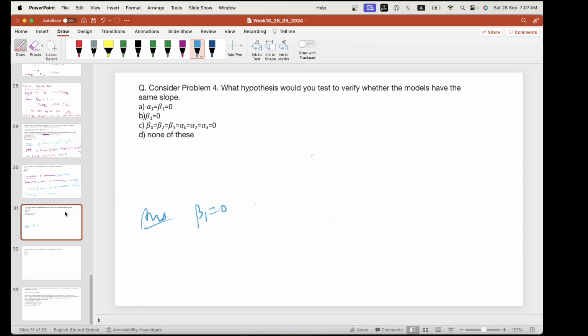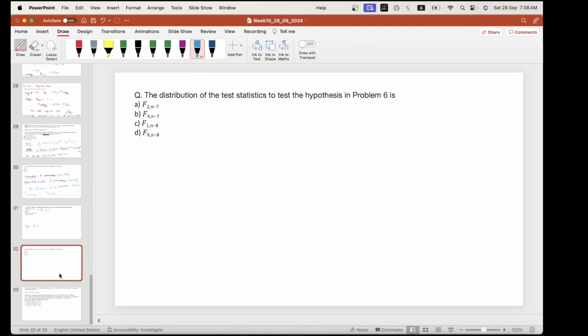Coefficient slope means coefficient of x. Alright, now coming back to this: the distribution of the test statistic to test the hypothesis in problem 6 is how much?